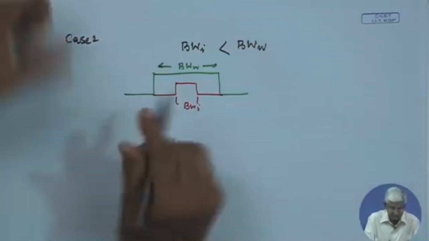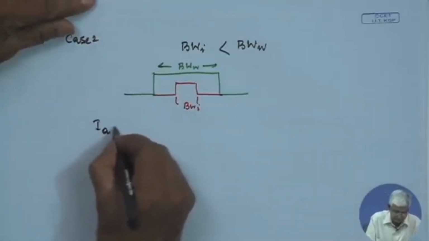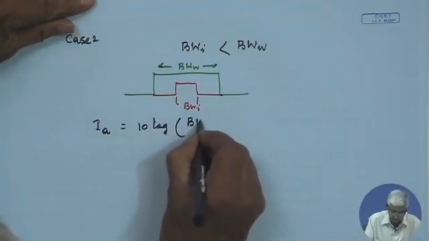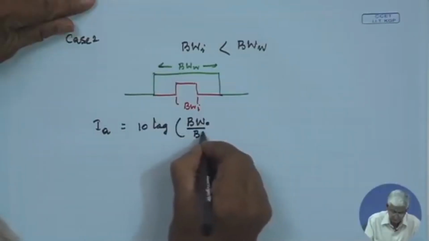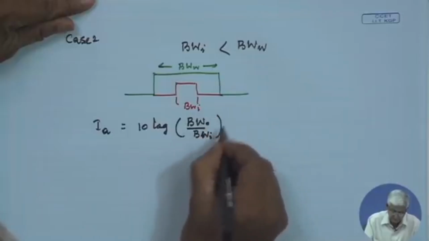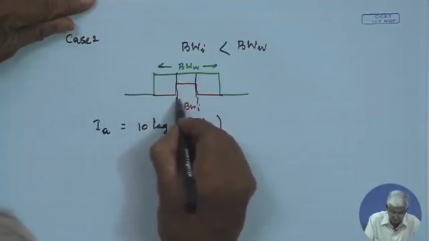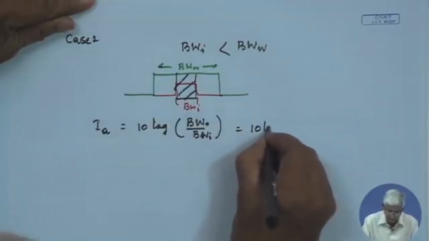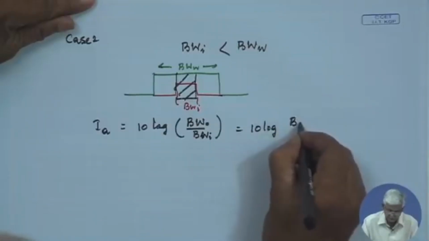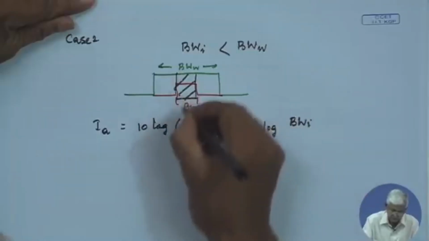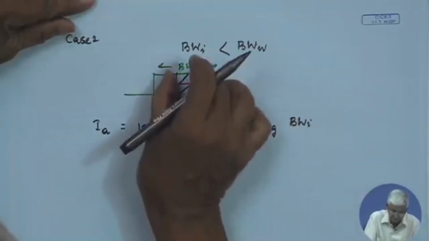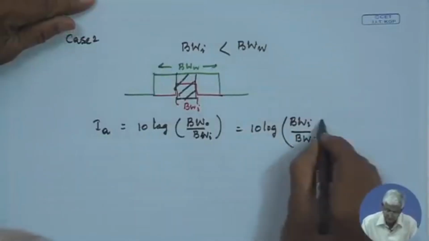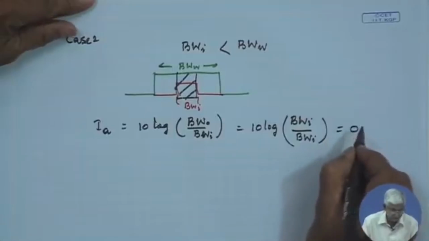So, in that case, the frequency adjustment factor is 10 log of bandwidth overlap by bandwidth interfered. Overlapping is only in this region. So, whatever bandwidth is interfering is the same as the bandwidth overlap. So, bandwidth interfered by bandwidth interfered is equal to 1, and the log is equal to 0.